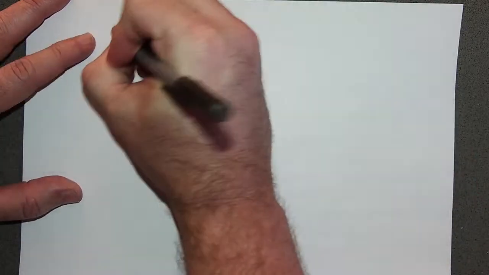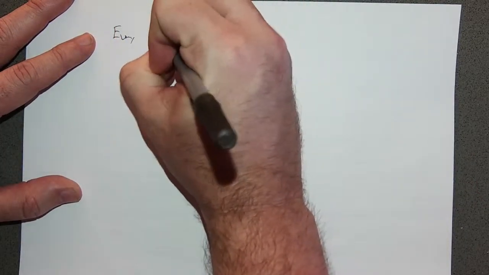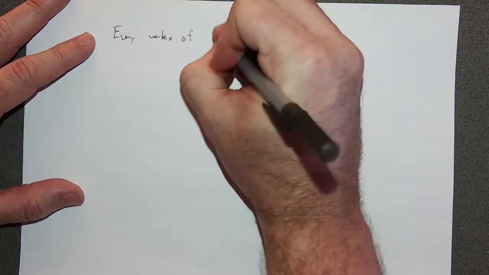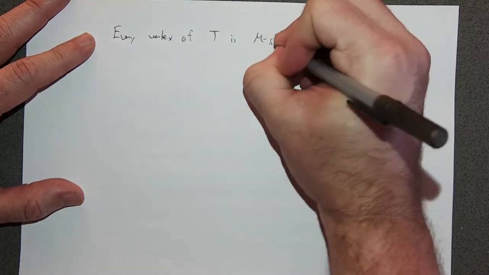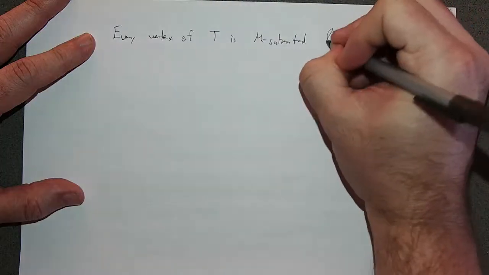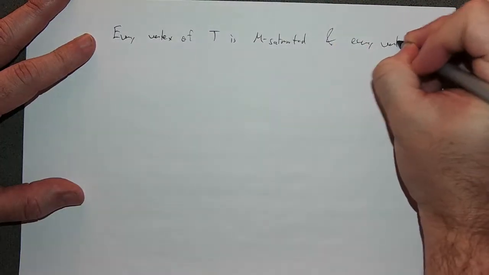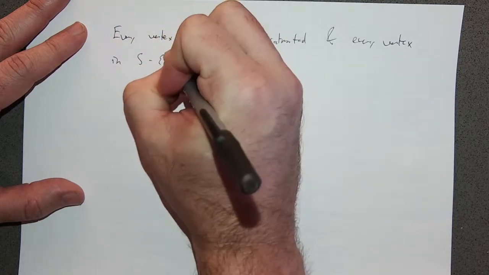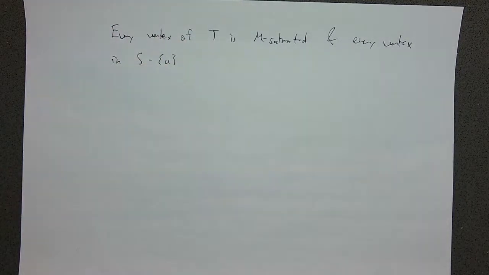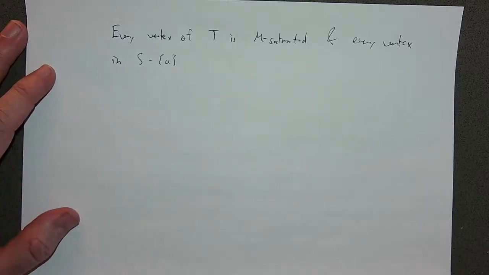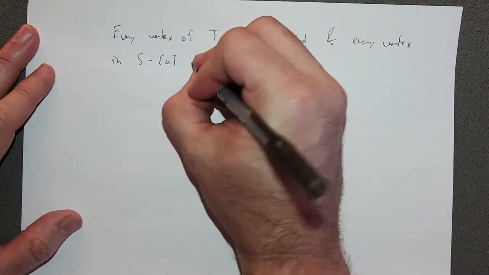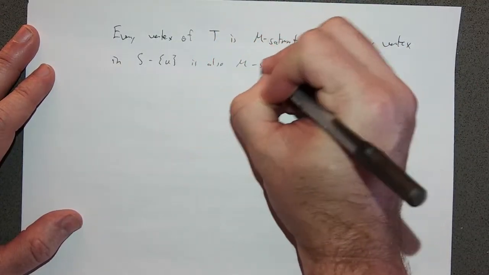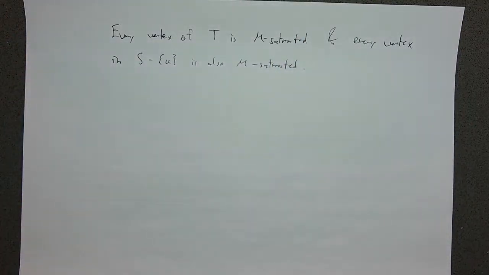Every vertex of T is M saturated, and every vertex in S minus U, so this is all the vertices in S except for U, is also M saturated. U is the only one that's M unsaturated here.